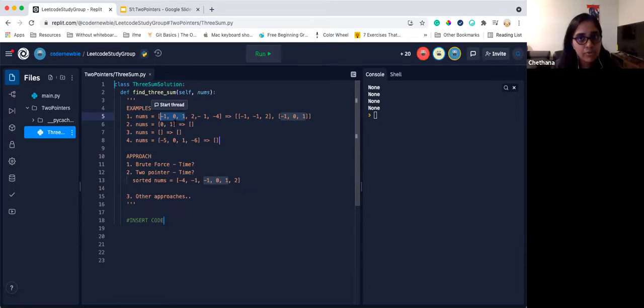I'm not thinking of any kind of approach. So this would be a triplet, which adds up to 0. It's going to be one of our triplets. But the same triplet should not be added again. Because you see another -1 over here, if you come across this, it should not account for -1, 0, and 1 together and add it again in your result set. We don't want that.